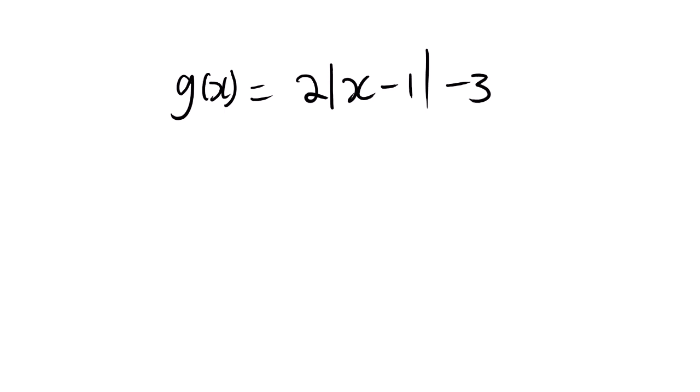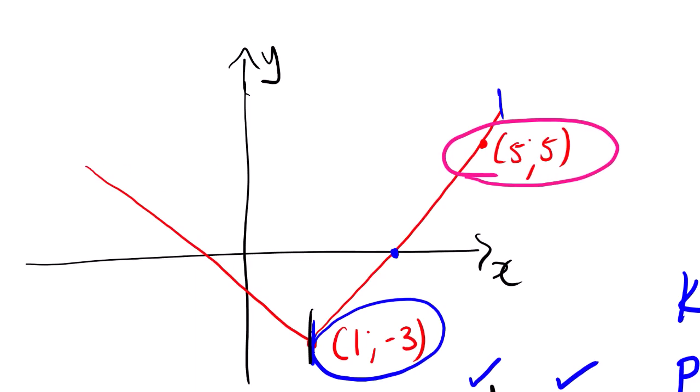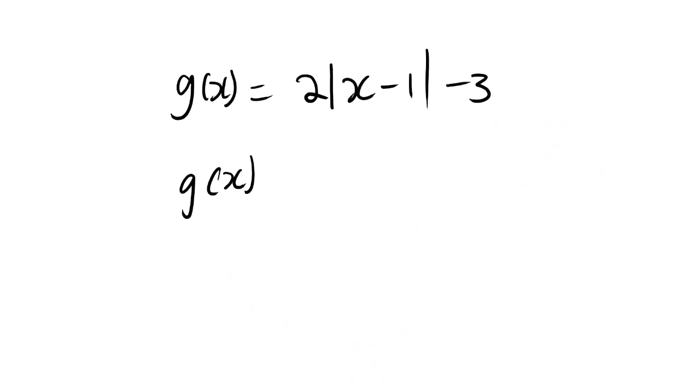We know our equation. Our equation is g of x equals 2x minus 1 minus 3. In this case, we need to consider the positive absolute value graph part, because when we look at the diagram, we can see that from here to here, the gradient is positive, so we consider that part. So we don't have to change anything.